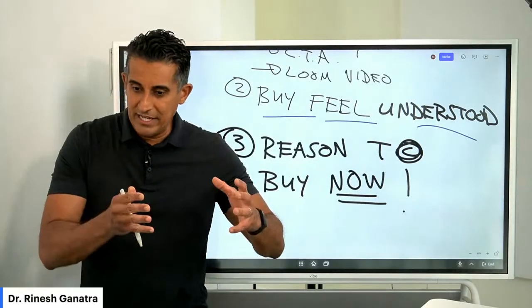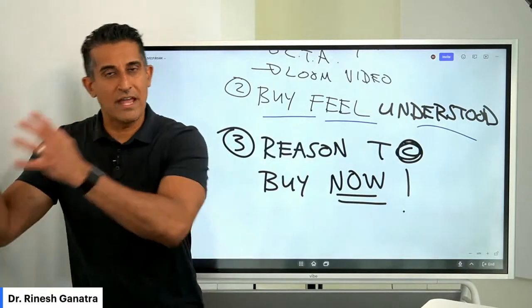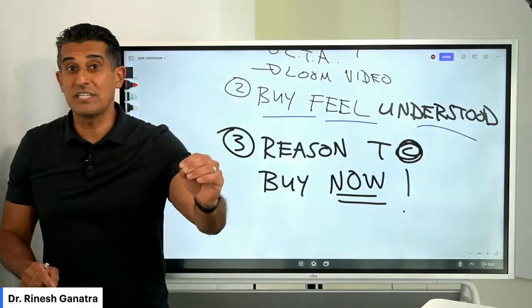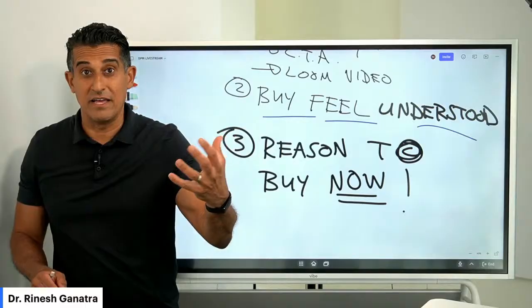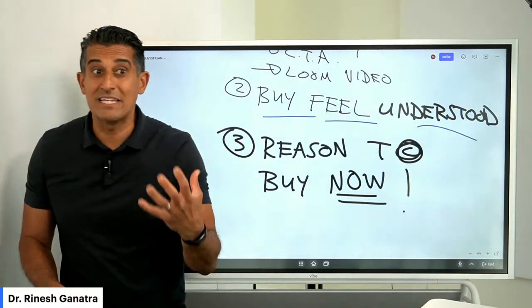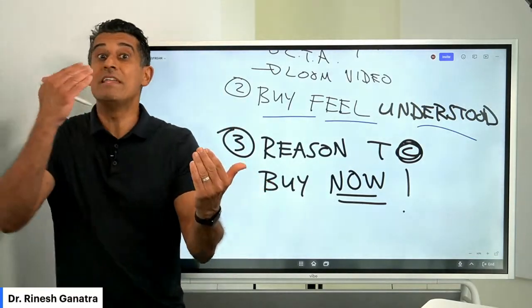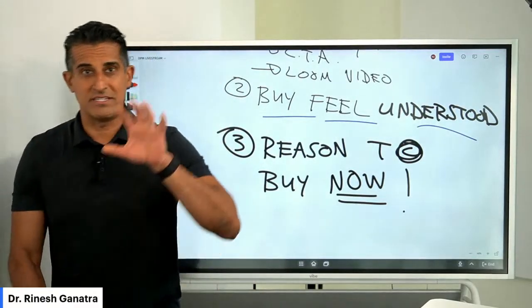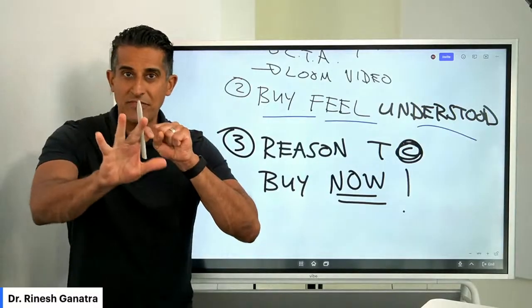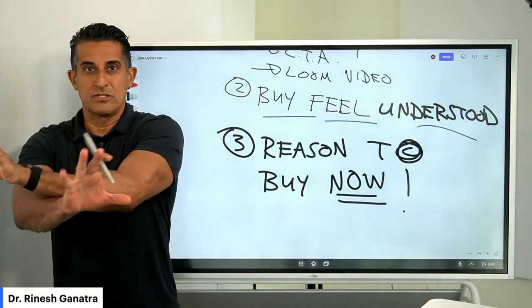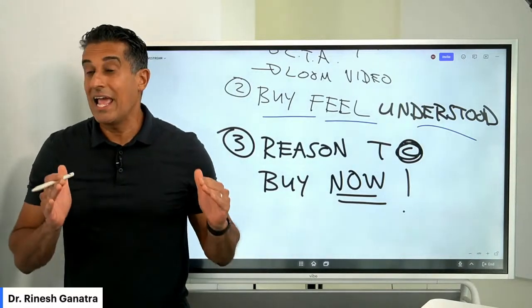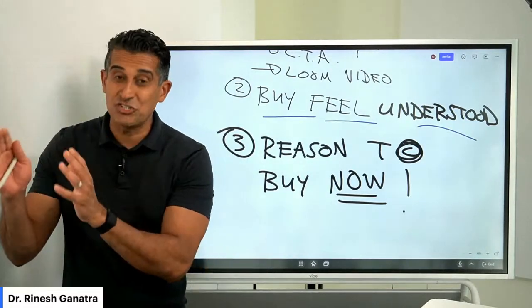So you've put a package together and you've also said there's a timeline and it's limited supply. If you've wanted to get this done, this is the best time to start.